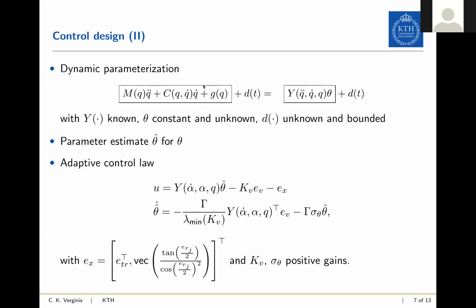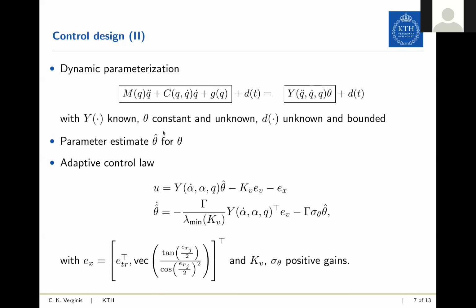For this first part of the dynamics over here, the rest of the terms are just proportional and derivative error terms. EV is the velocity error we defined before, and EX is a position error shown here. It just looks weird because, as said before, we have rotational joints which evolve in manifolds. And this KV here is again a positive constant gain matrix.